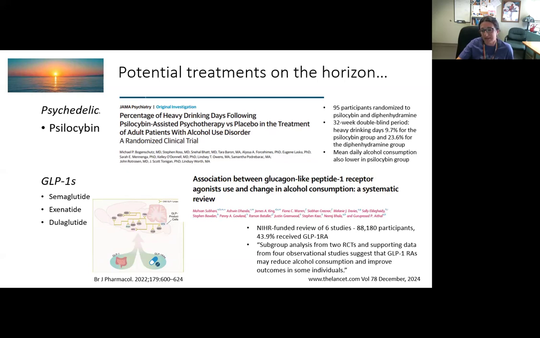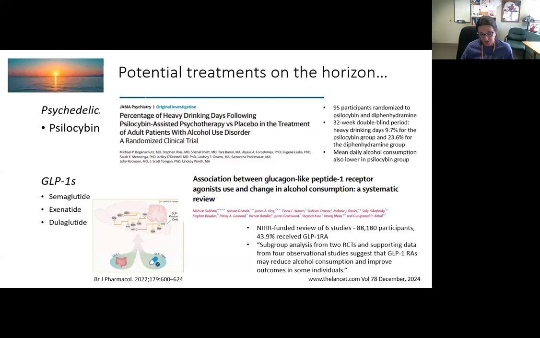And then of course the one that's coming up a lot in terms of questions of where is this going and will there be more treatments available? This was definitely the hot topic at ASAM this spring. These are the GLP-1s. So again, GLPs are incretin hormones, which we see help with appetite regulation, but there's also possible interactions with the paths involving cravings and reward.